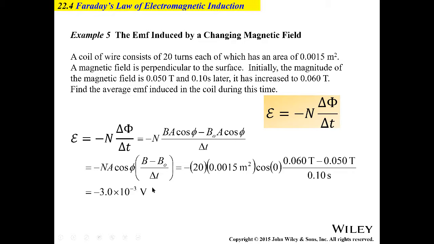Therefore, when you work it all out, the induced EMF is in millivolts. That's because your rate of change of the magnetic flux is not so big. If your rate of change of magnetic flux is big and you have a lot more coils, you can make this EMF big.